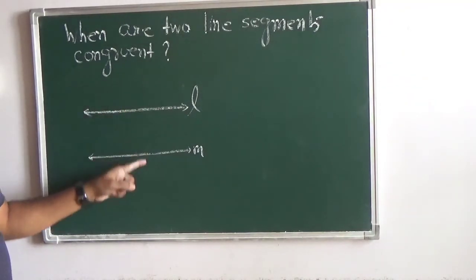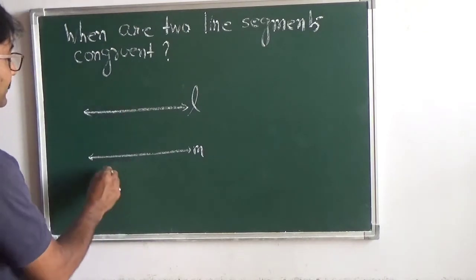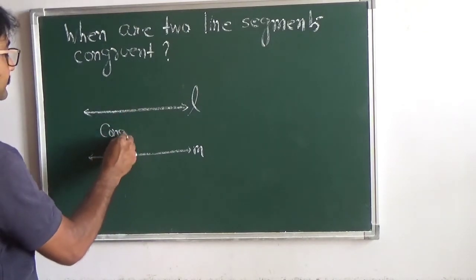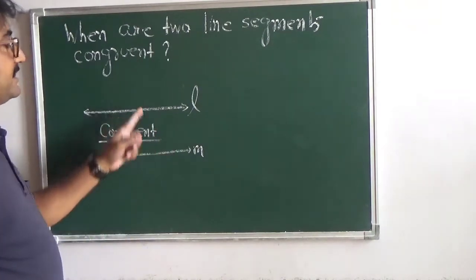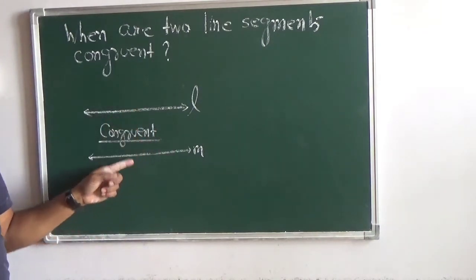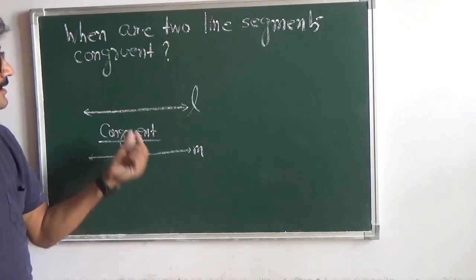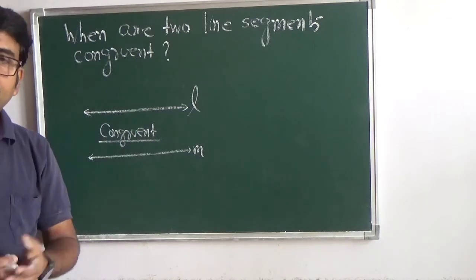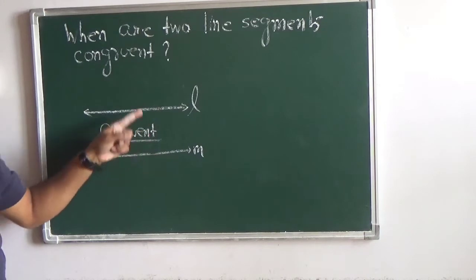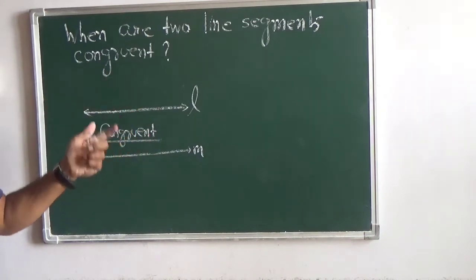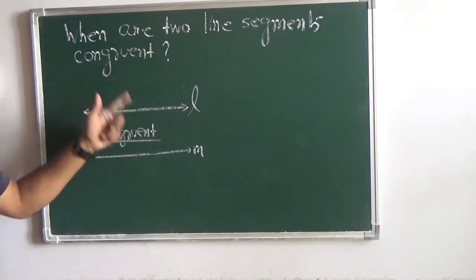So if two line segments are of equal length, then we say that the line segments are congruent. Vice versa, if the two line segments are congruent, then the lines are of equal length.